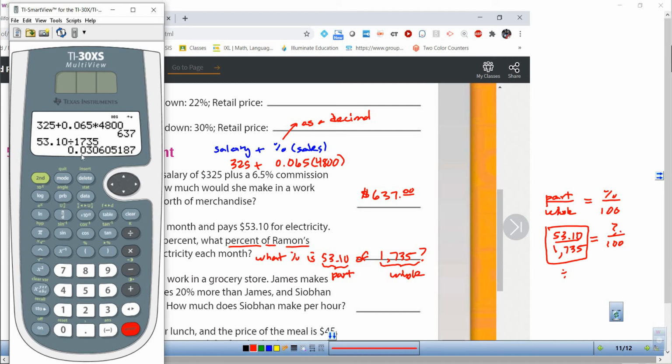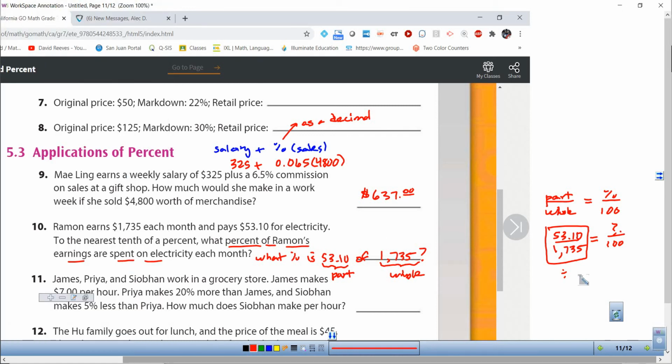So if I wrote it down as a decimal, 0.031. Do you see that? 0.031 or 3.1%. So as a percent, that is 3.1%. Okay, so the nearest tenth of a percent, 3.1%.